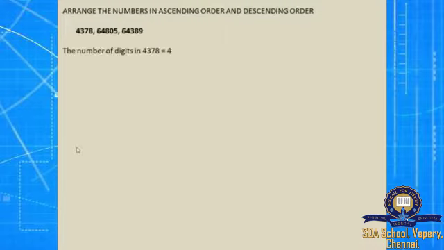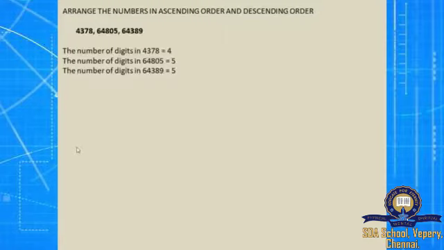The number of digits in the first number is 4. The number of digits in the second number is equal to 5. The number of digits in 64,389 is equal to 5. So from this we can say that the smallest number is 4,378, but the next two numbers have the same number of digits.